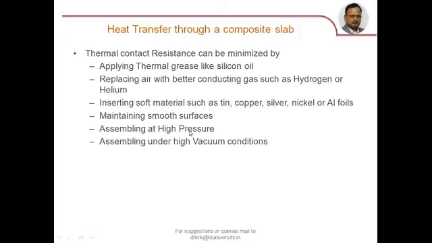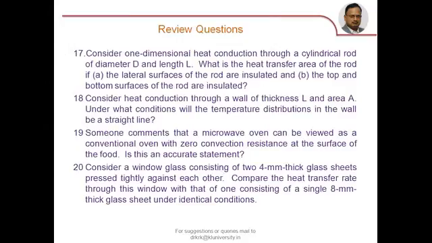So when these precautions are taken, the thermal contact resistance can become minimum. So that's all about the composite walls and thermal contact resistance. Now let us have some review questions.